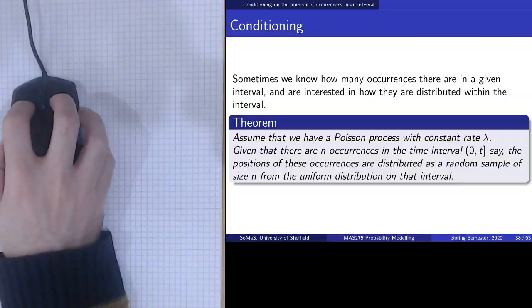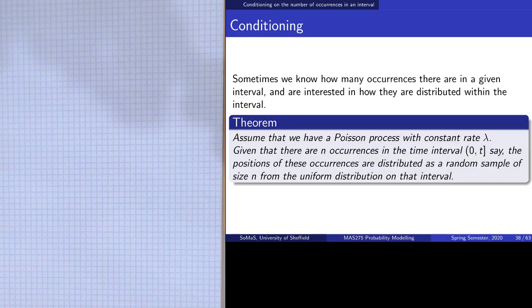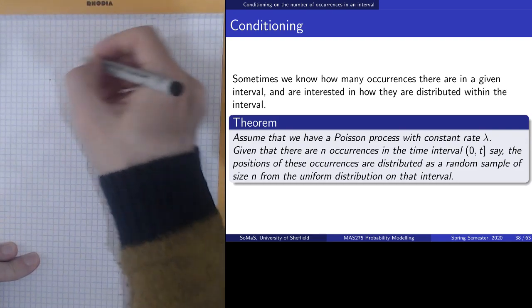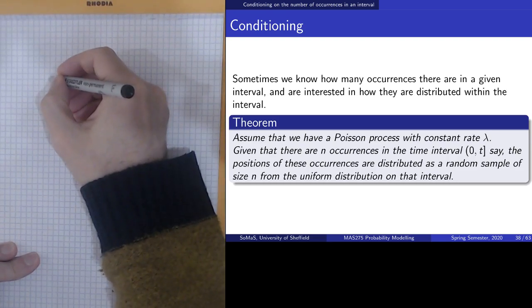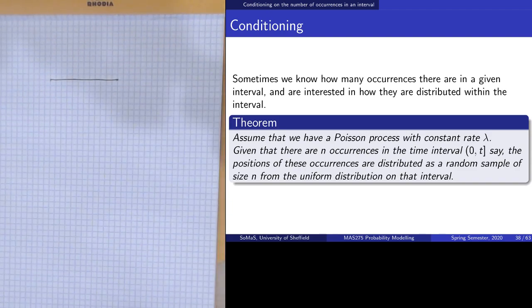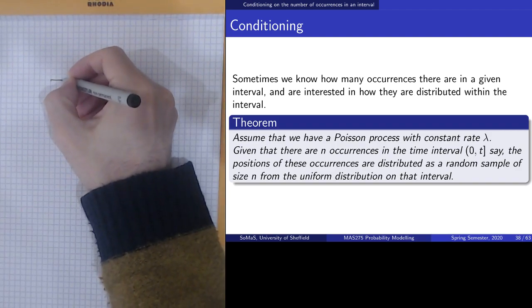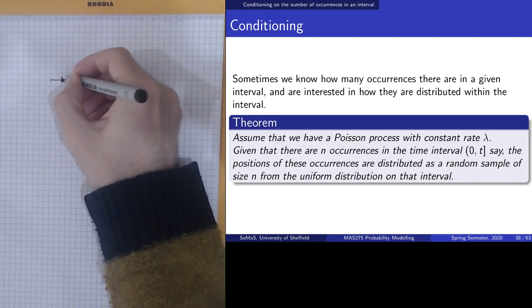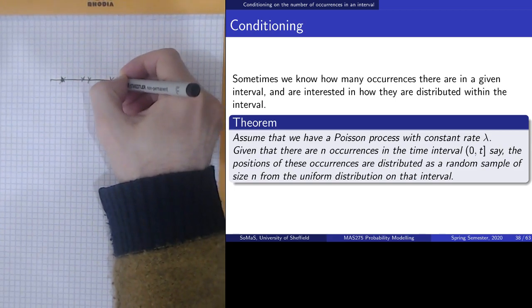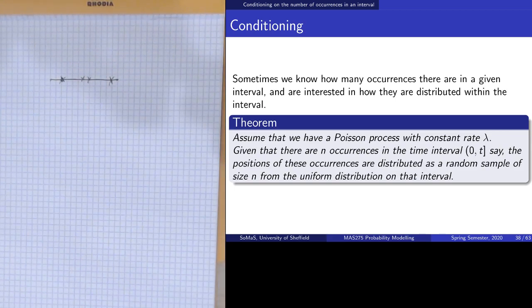Just to be clear, if I have my interval 0 to t here, and I've conditioned my Poisson process to have n occurrences, maybe I'll mark them with crosses. Maybe they happen like that. Maybe n equals 4, and my Poisson process happens to have 4 occurrences. So 2 of them are pretty close, but things are random.